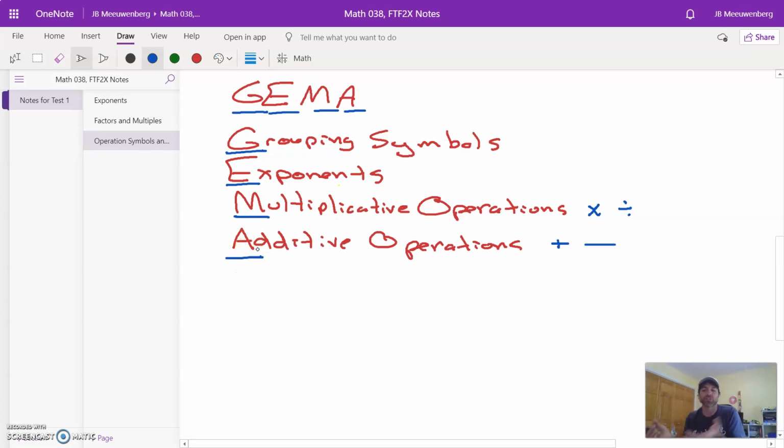They're inverse operations. 4 plus 3 equals 7. 7 minus 4 equals 3. You get back to where you start when you do the other operation. So we do these from left to right when we see a problem. We would do all the multiplicative operations from left to right, whichever one comes first, and then all the additive operations from left to right, whichever one comes first.